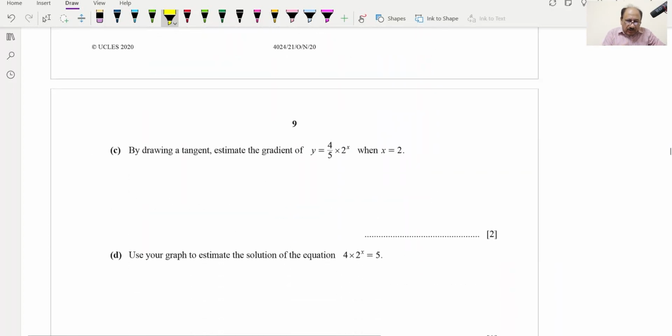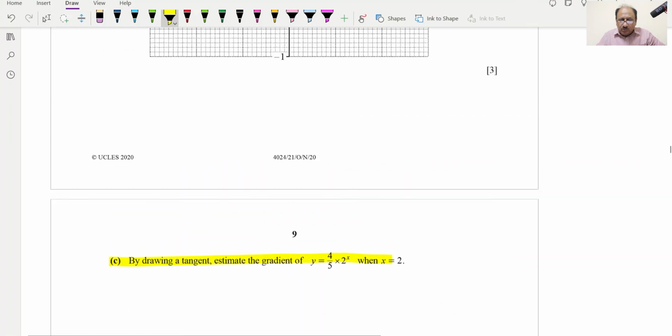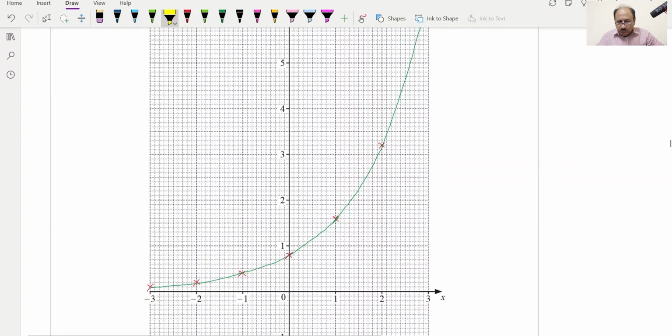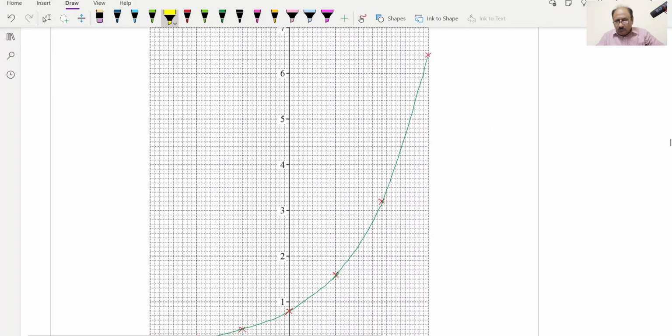Now this one, by drawing a tangent, estimate the gradient of this one when x is equal to 2. So x is equal to 2. For x is equal to 2, we have to draw the line, and that line we can draw over here, and this line will be from this point. We can draw the line.